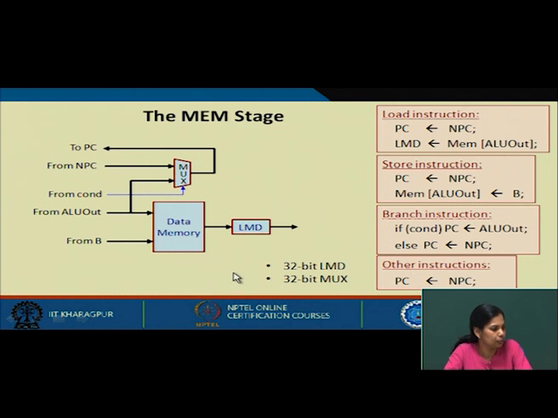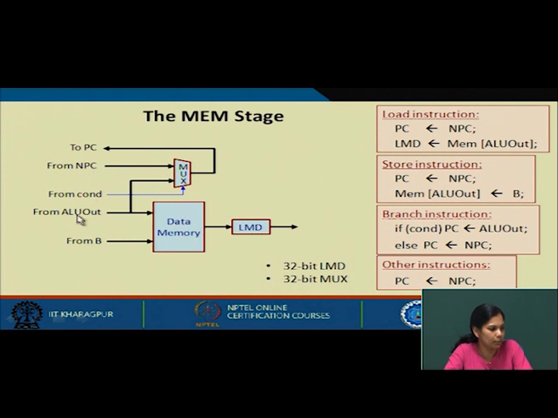In this stage, this is the data memory from where we will fetch the data. Now we know that if we need to read from a particular location, we need to put that address in the MDR basically, and then we hit the data memory. In this case, what is happening?